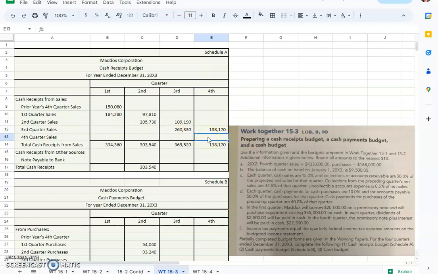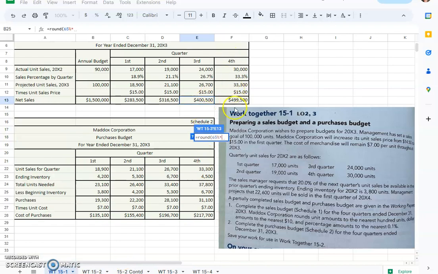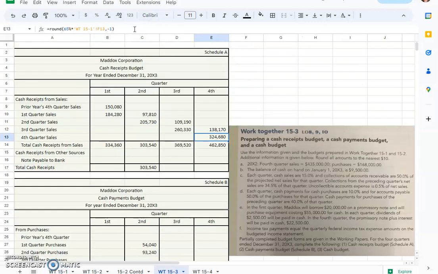Then the fourth quarter sales, that one is 65% total, times our fourth quarter sales projection here, and then comma, -1. 462,850. Perfect.